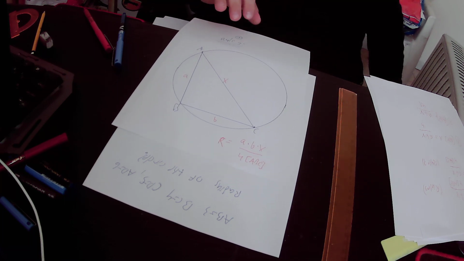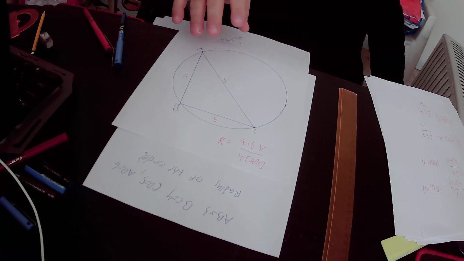The radius equals the multiplication of the three sides of this triangle over 4 times the area of triangle ABC.